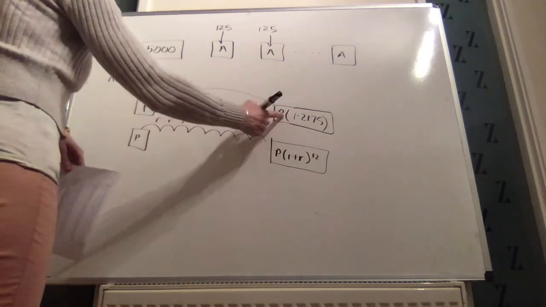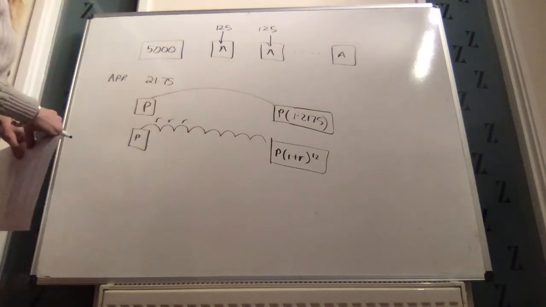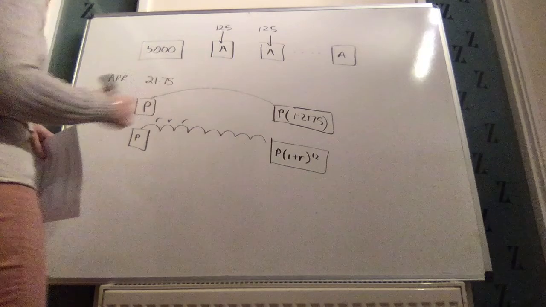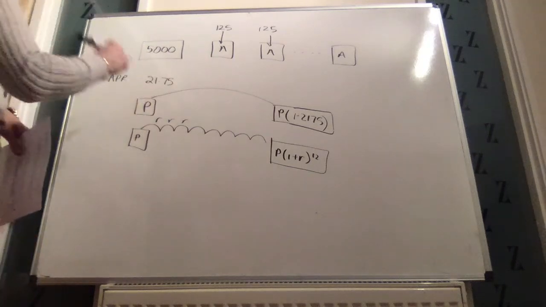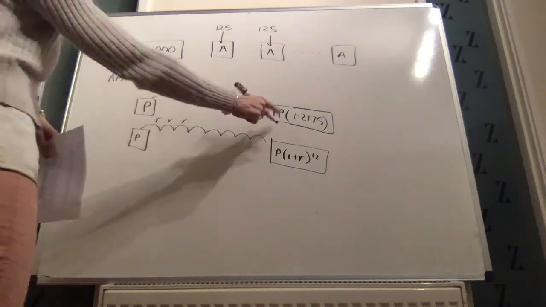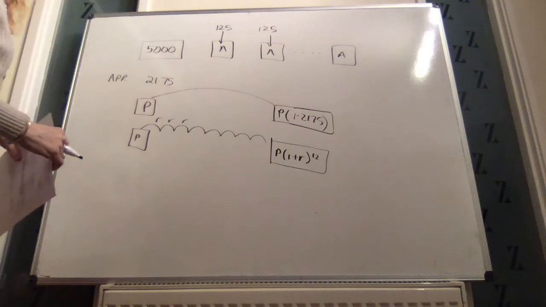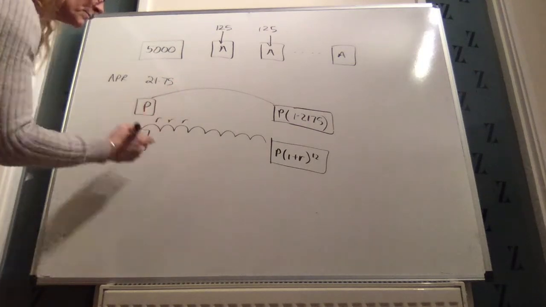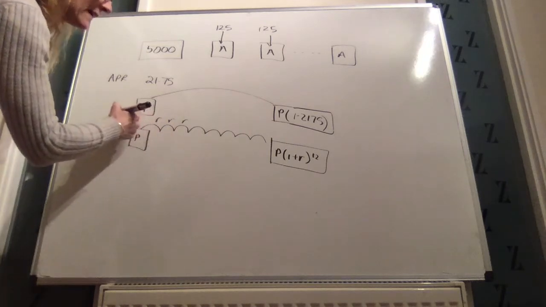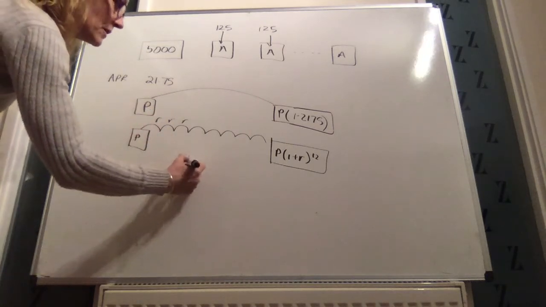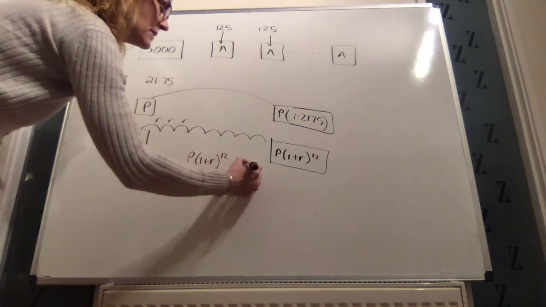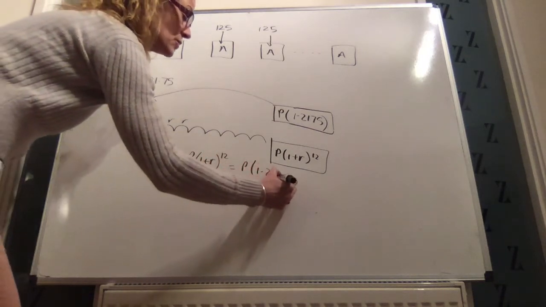You want that to be the same as what you would owe after 1 year, which is 1.2175 times the number that you were owing at the start of the year. So we want P times (1 plus R) to the power of 12 to be equal to P times 1.2175.